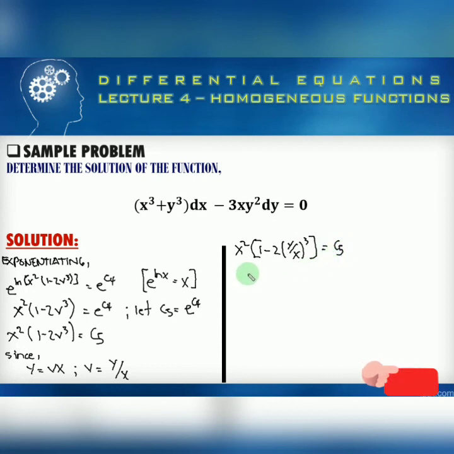After simplifying, we have x squared times the quantity 1 minus 2 times y cube over x cube, equal to C5.